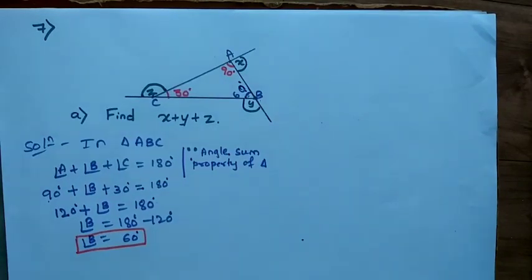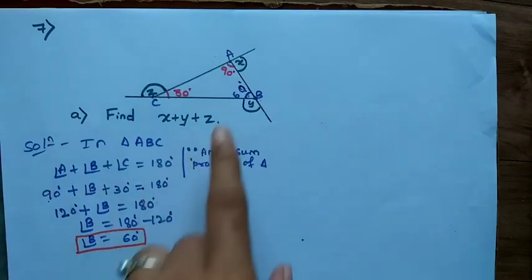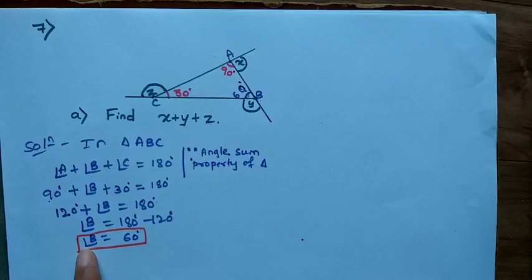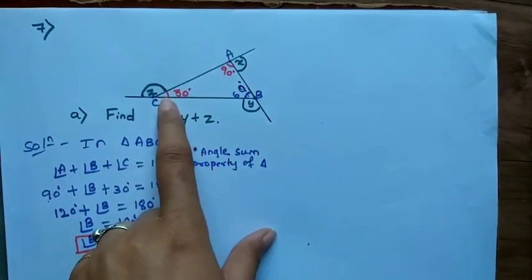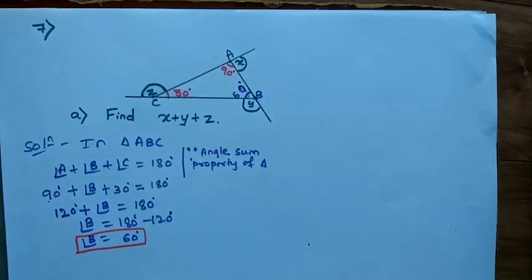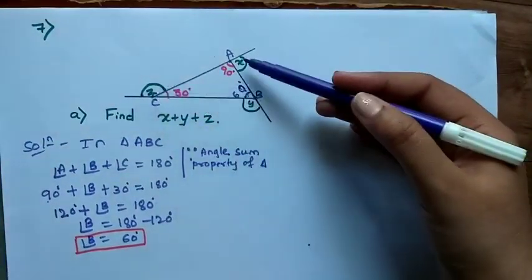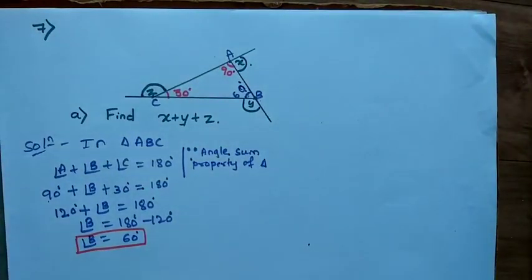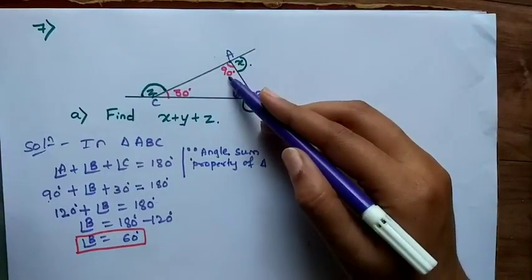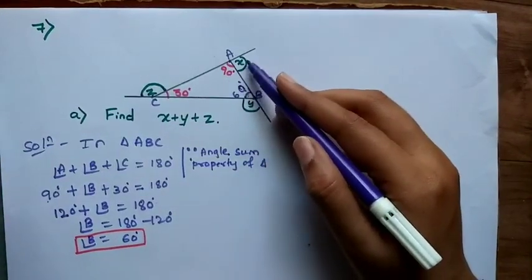So when we applied the angle sum property of a triangle, we found angle B is equal to 60 degree. Now we know all the interior angle values. Next we have to find angle x, angle y, angle z. These angles are the exterior angles. So let's observe this x and 90 degree. These form a linear pair of angles.